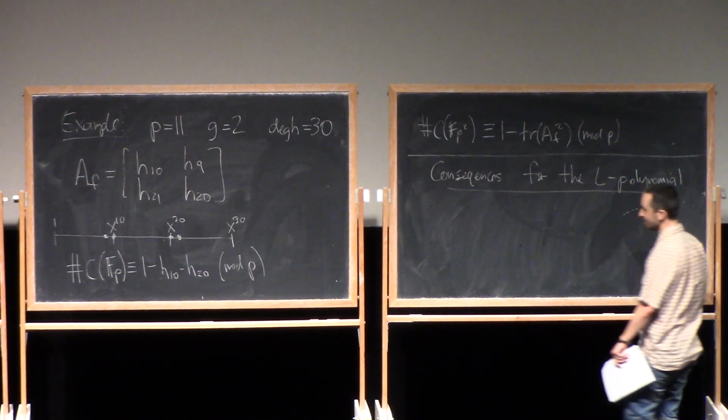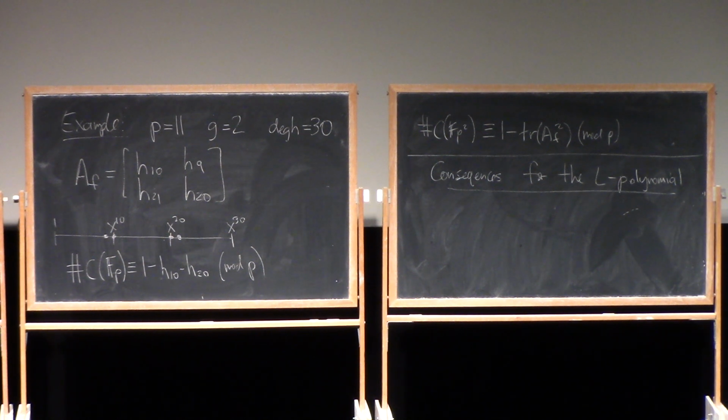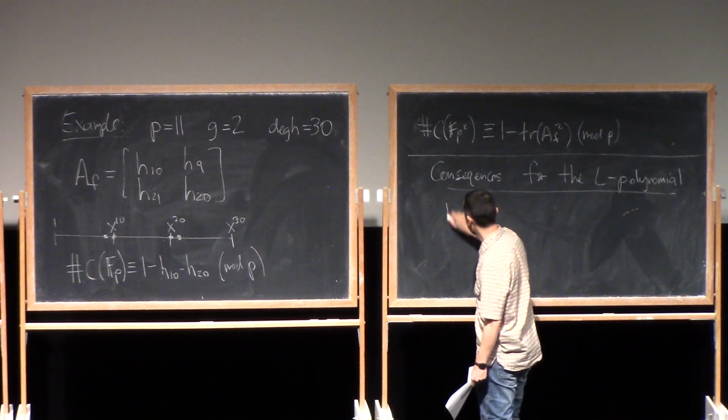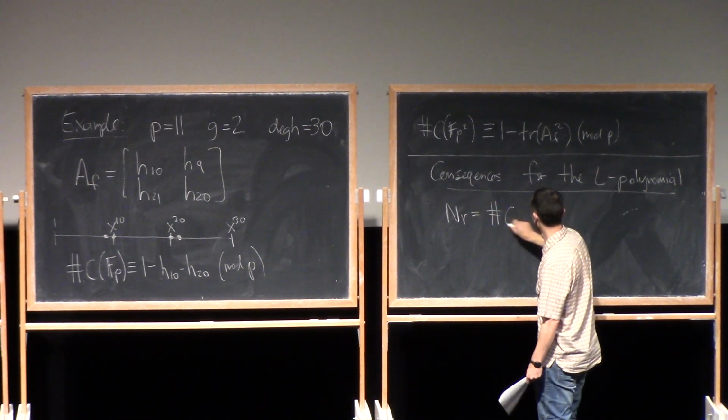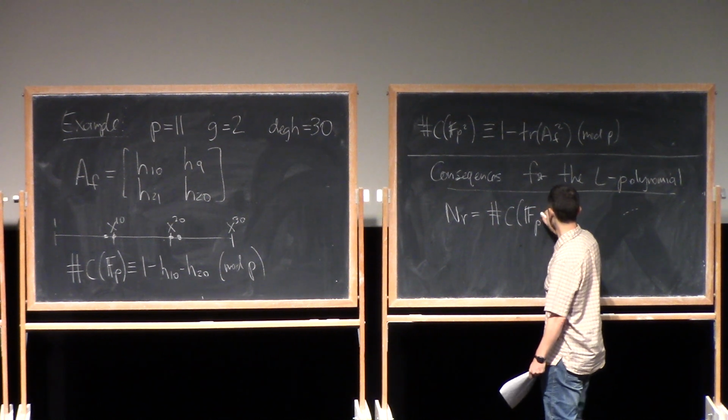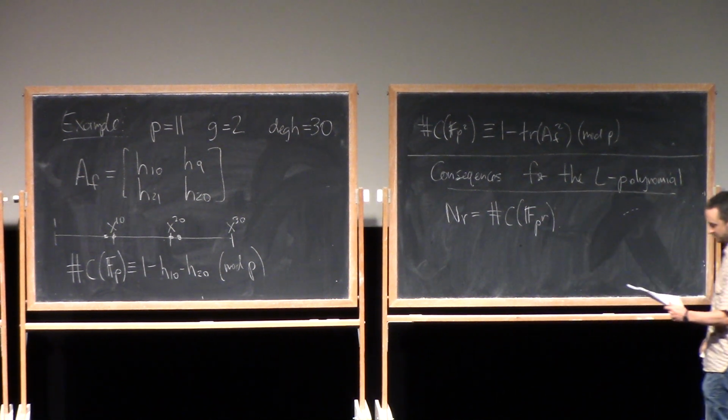And in fact, I learned a few things while I was preparing the notes for this part of the course. A few things I didn't realize, which is kind of interesting. So okay, let's write again n sub r, the number of points over Fp to the r.